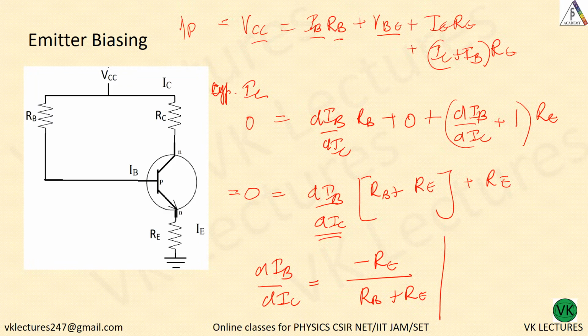Now stability factor S is equal to 1 plus beta divided by 1 minus beta into dIB by dIC.